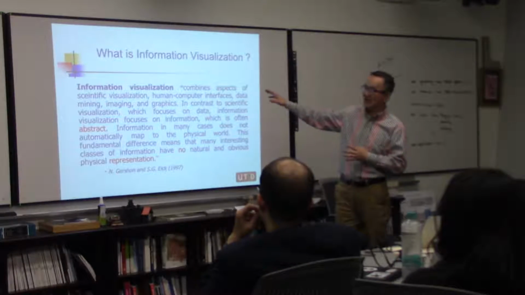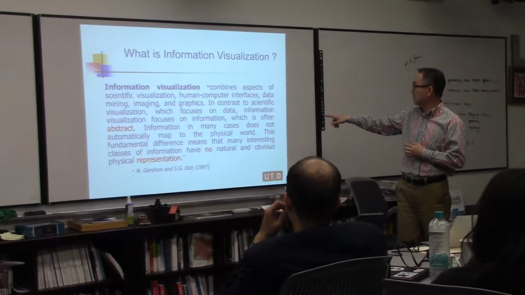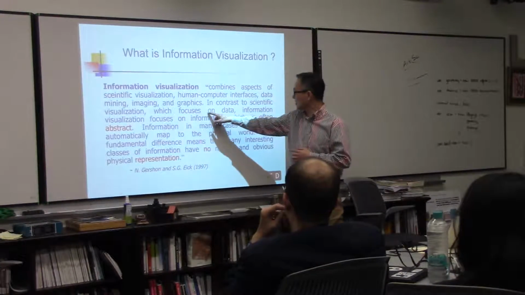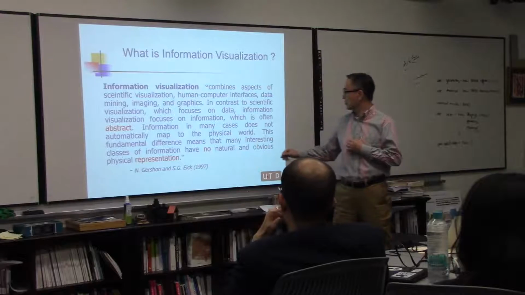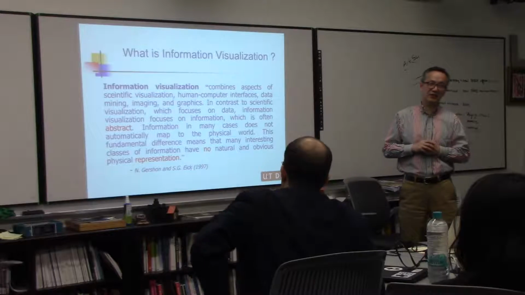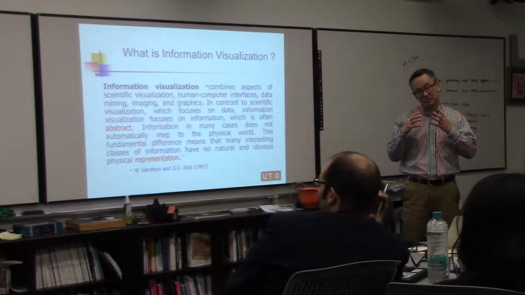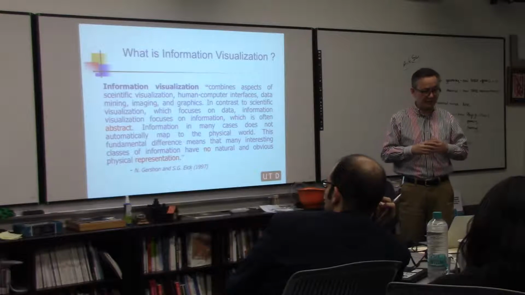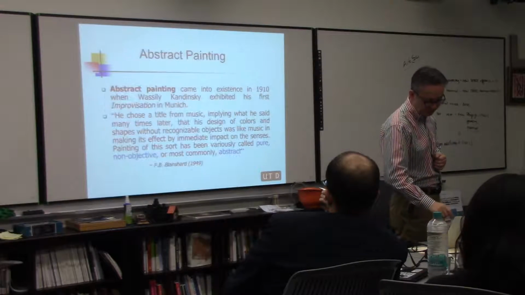This is the definition for information visualization, which is different from scientific visualization. In contrast to scientific visualization, which focuses on data, information visualization focuses on information, which is often abstract. As I mentioned earlier, scientific visualization visualizes the artifacts that we actually know and that exist in the real world, but information visualization visualizes mostly abstract objects. I will show you some examples.